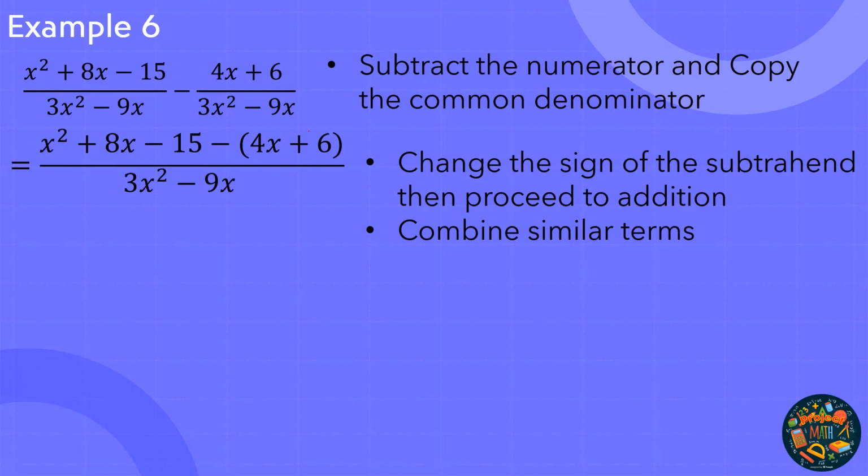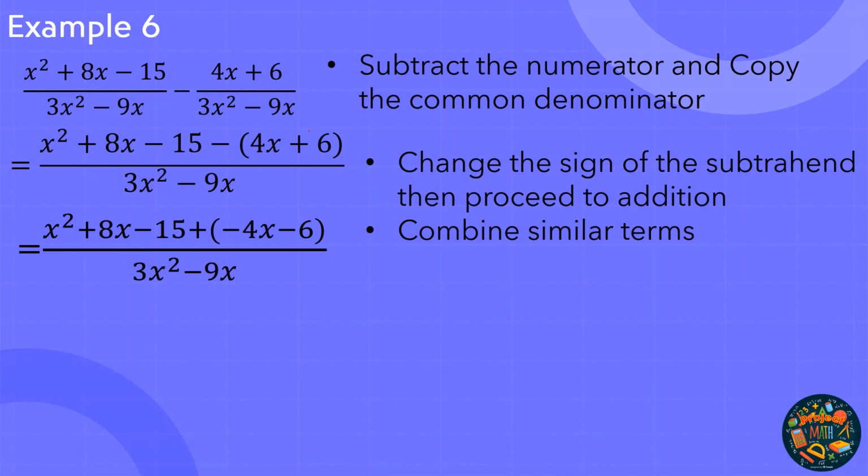Then combine similar terms. Since 4x plus 6 is our subtrahend, we will change their signs. So you have x squared plus 8x minus 15. We proceed to addition. From positive 4x, it will become negative 4x. From positive 6, it will become negative 6. Okay, then combine similar terms.